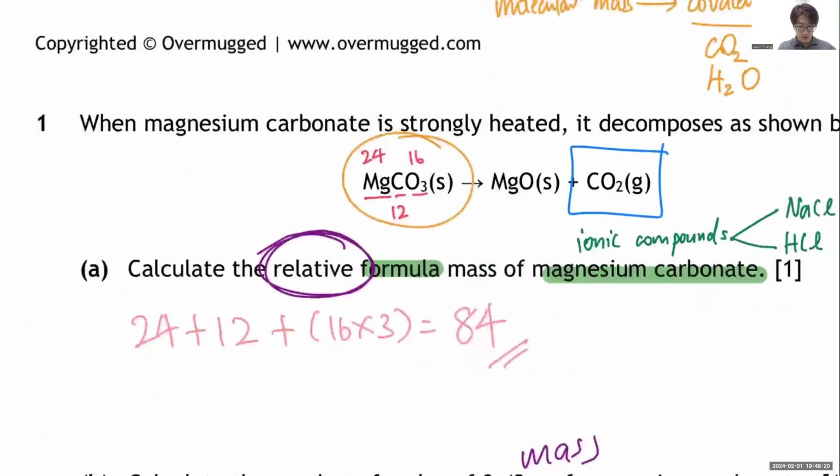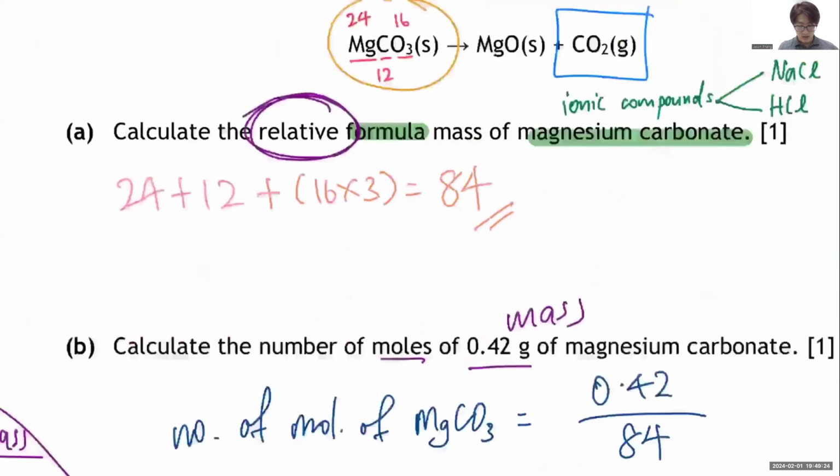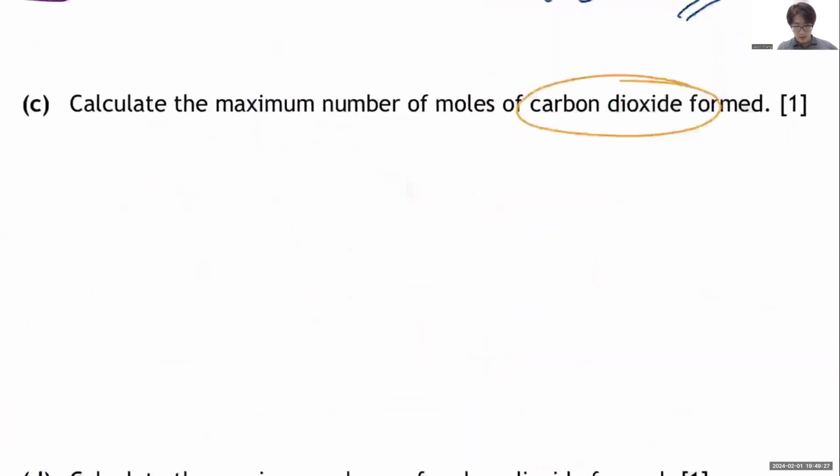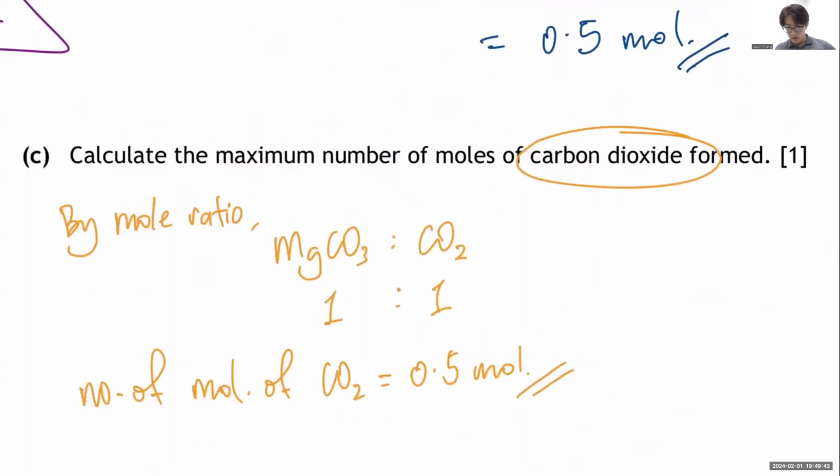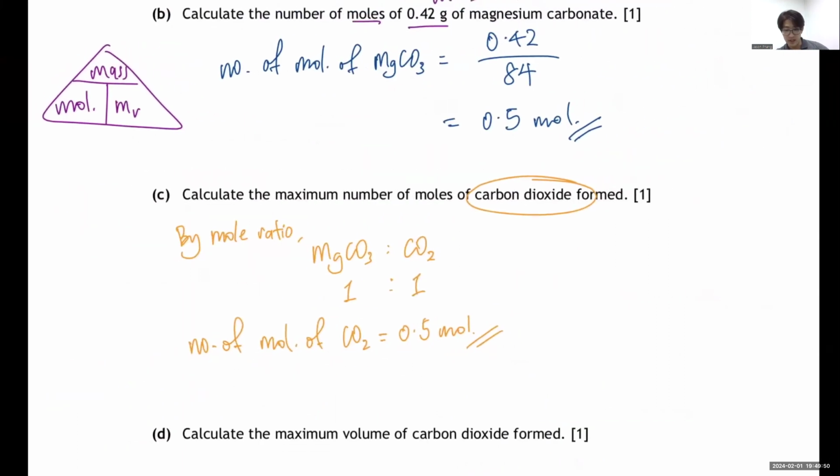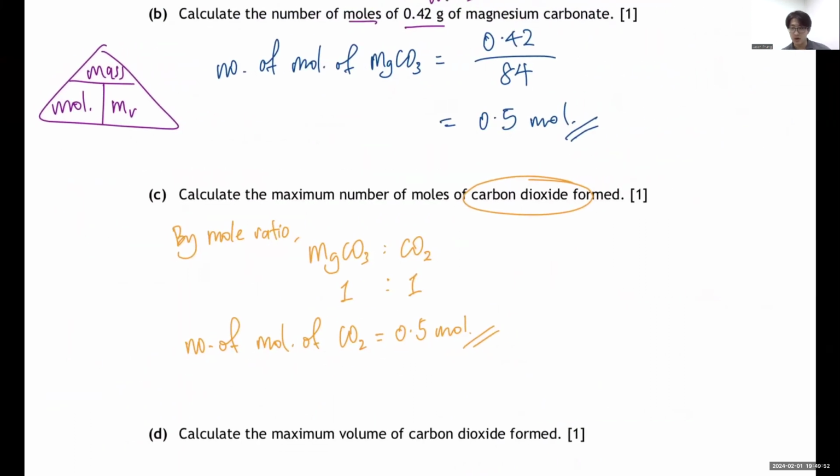So therefore, you're going to find our ratio first. If it's a 1:1, therefore, number of moles is going to be the same at 0.05 moles. Is it? Kathleen says 0.005.